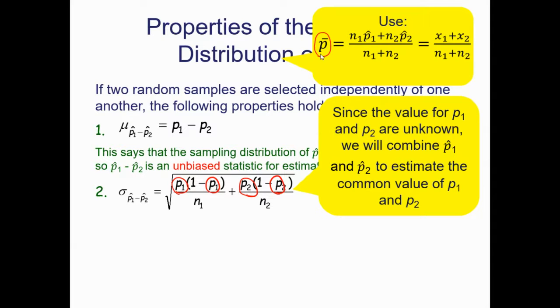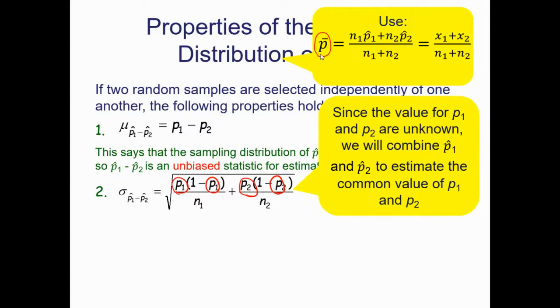Do we need to write down the P bar? You probably need to write it down. It's not on your notes. Instead of P1 and P2, use P bar? Yep. There's just one P bar. It's a common P, common value.